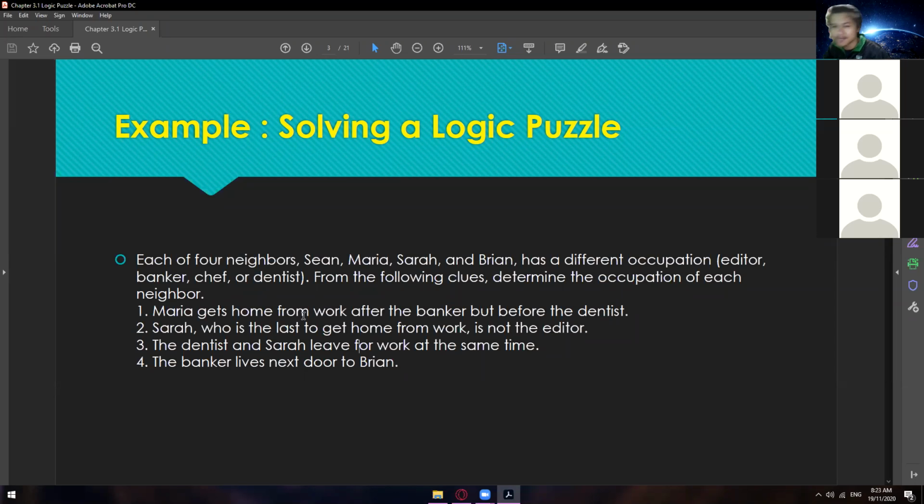Kasi mas magandang may laman na yung tiyan para mas makapag-isip ka ng diretso. Okay, mahirap mag-isip pag gutom. Alright, so last 3 minutes.